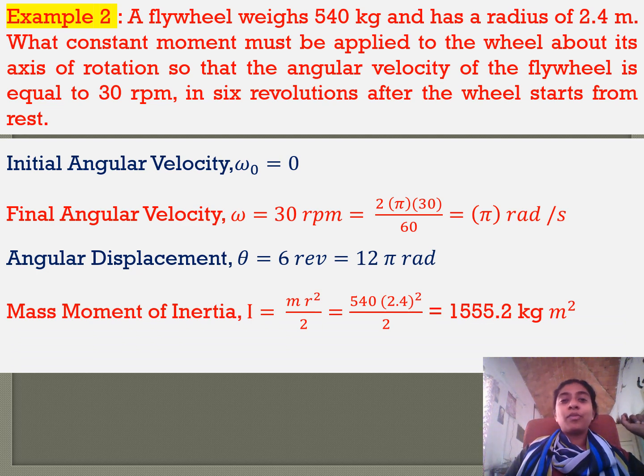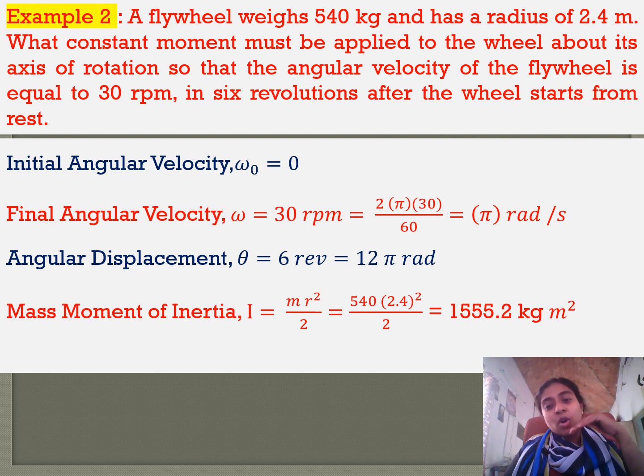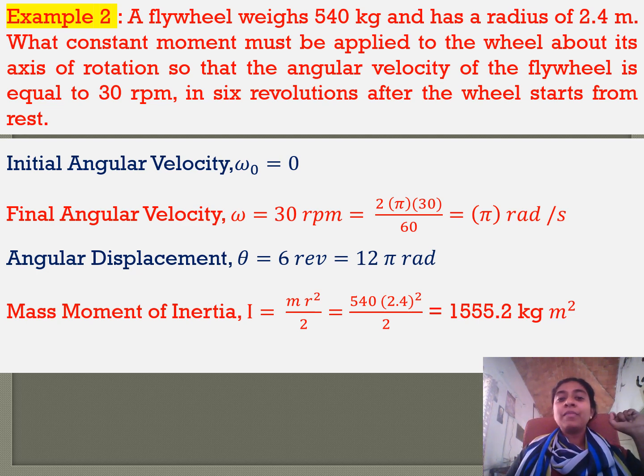Now, mass moment of inertia. See, it is given as a flywheel, so it has a radius of 2.4 meter. We have already studied in our third module, the mass moment of inertia for a disc is mr square by 2. For a circular ring, it is mr square.